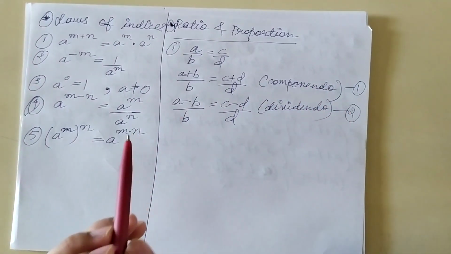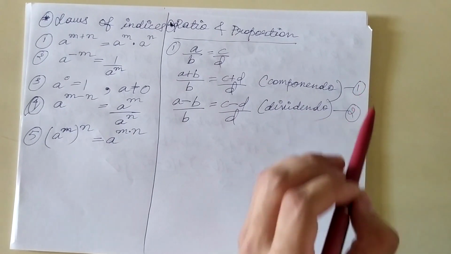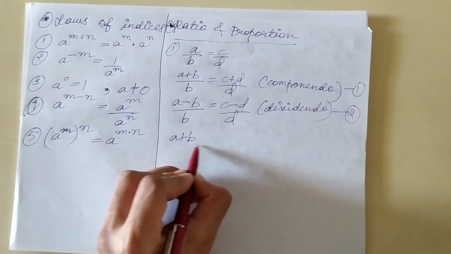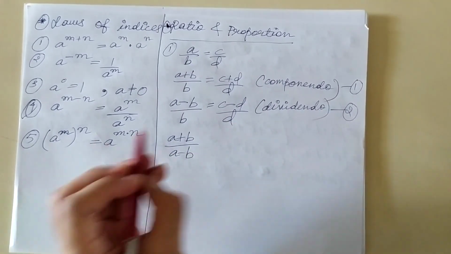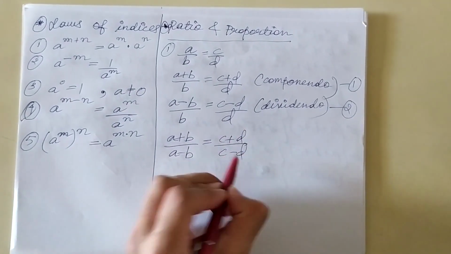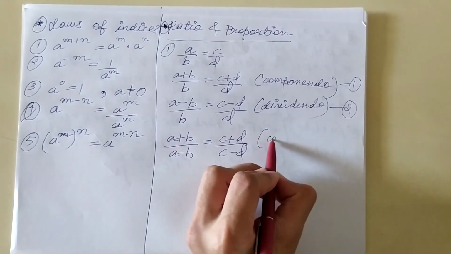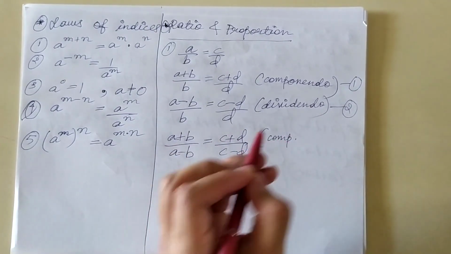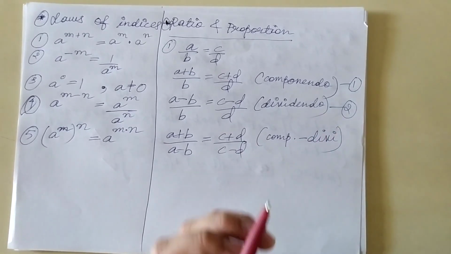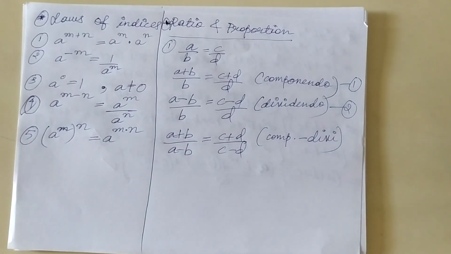On dividing 1 by 2, we get A plus B upon A minus B is equal to C plus D upon C minus D, which is nothing but componendo dividendo. I'm just writing in short. So this was about componendo dividendo. Now we see a few problems on ratio and proportion.